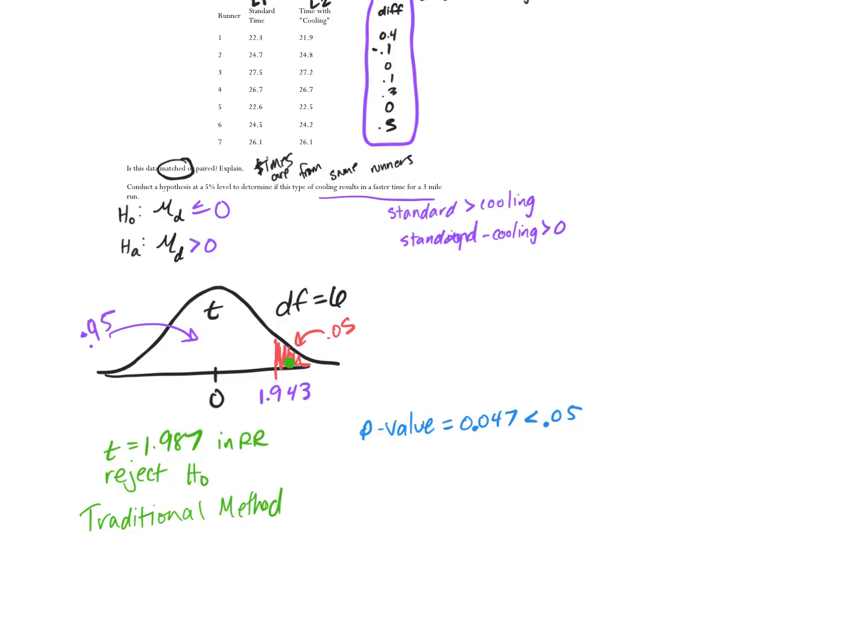Hey, if my p-value is less than my significance level, what does that make me conclude? Reject H0. This is what we call the p-value method. I will be mixing and matching the p-value method and the traditional method. Both are coming to the same conclusion, okay? Just different sets of reasoning on how we get there, okay?